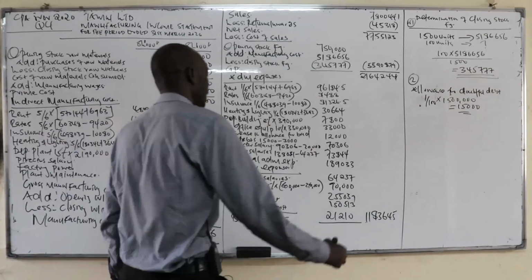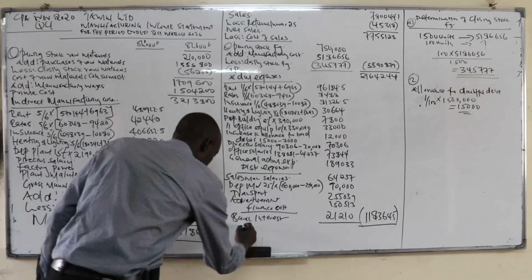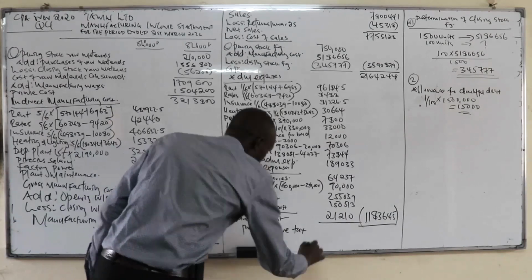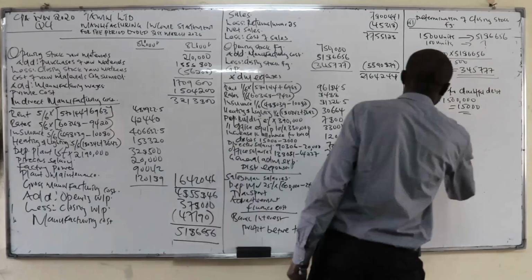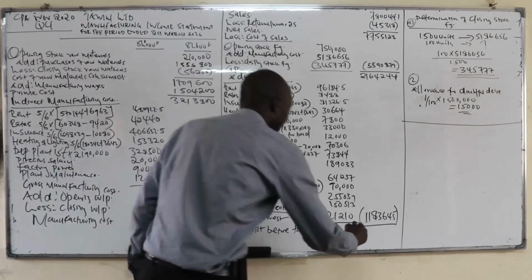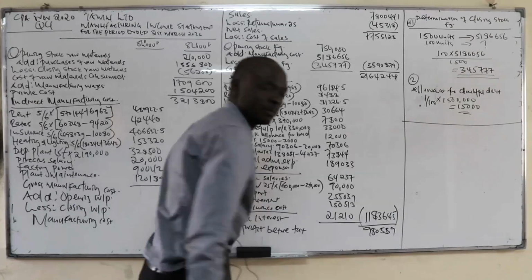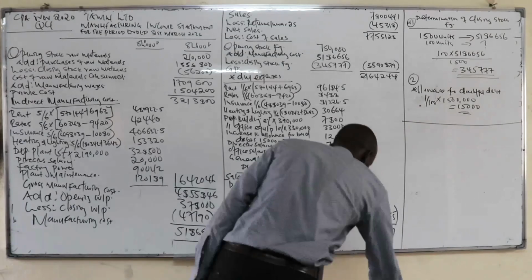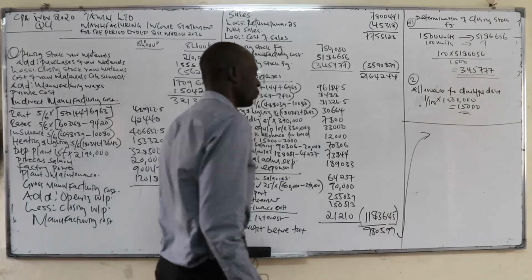And then now here, we get what we call profit before tax, which is how much? 980,599,985, and then we go here because our space is not sufficient there.